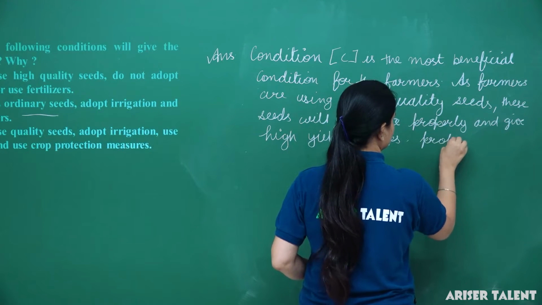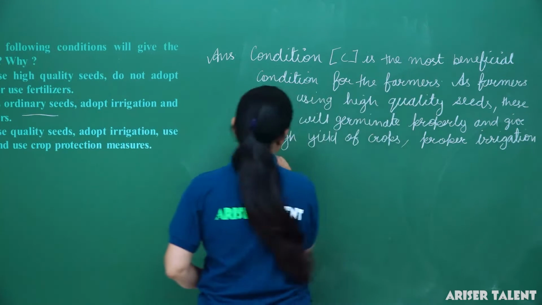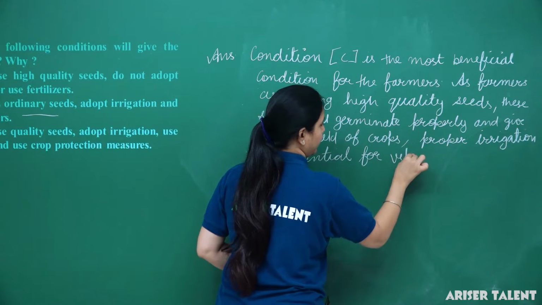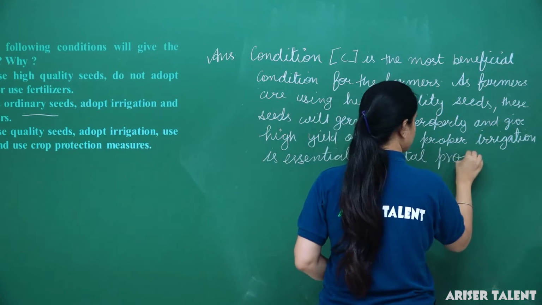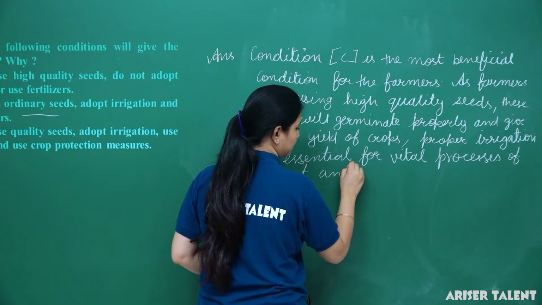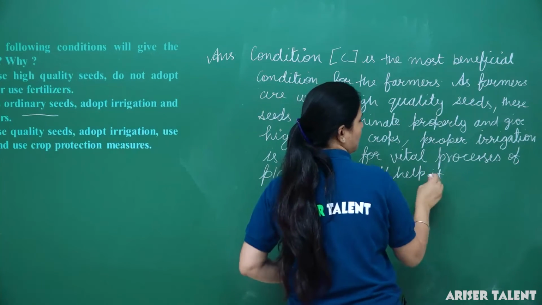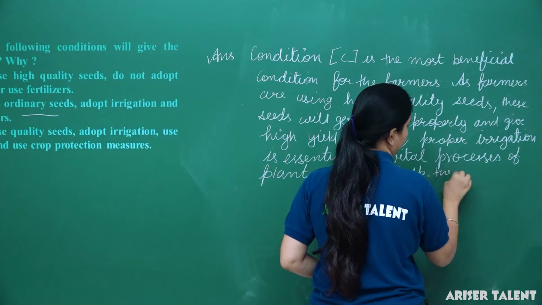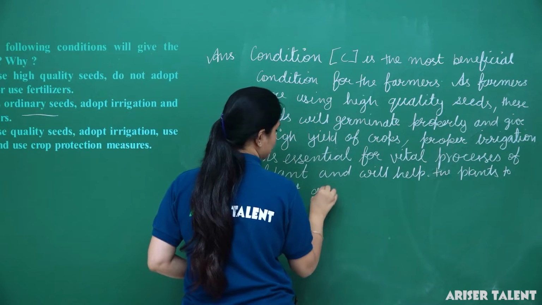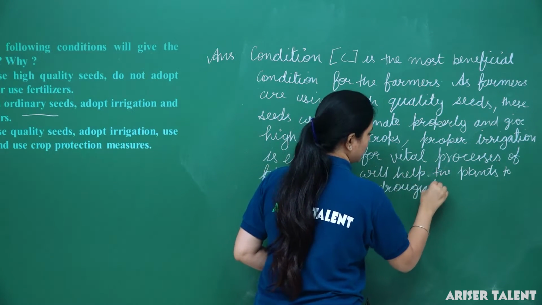Proper irrigation is essential for vital processes of the plant and will help the plant to fight against drought stress.